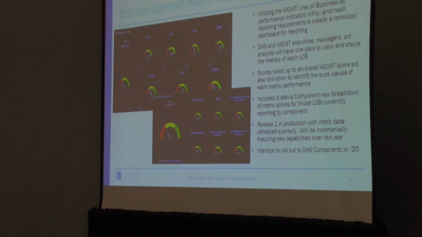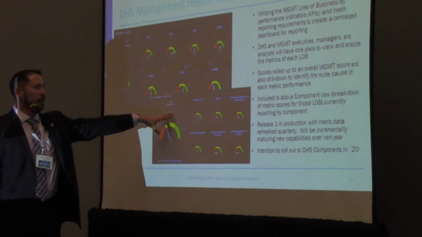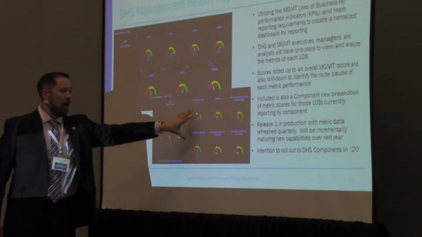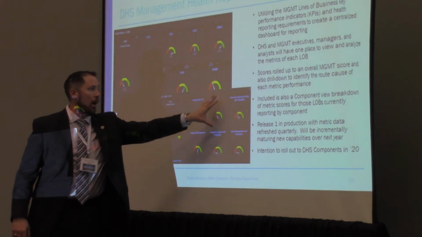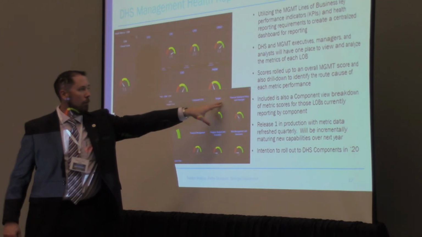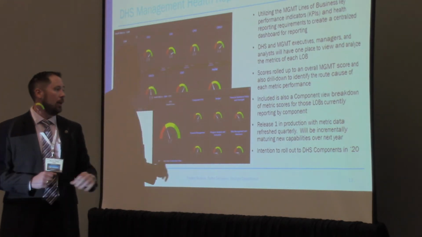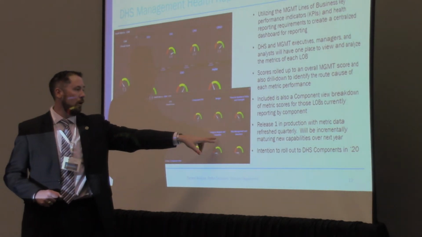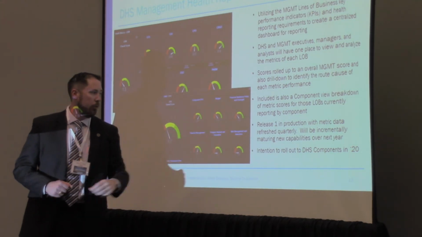Again, anything that's blue is indicative of a drill path. So here I have a USM view, drilled into a chief financial officer view, and now I'm looking at the various metrics and how they've been organized. So I have the headquarters CFO, budget, financial assistance, policy and oversight, financial management, program analysis and evaluation, risk management and assurance.